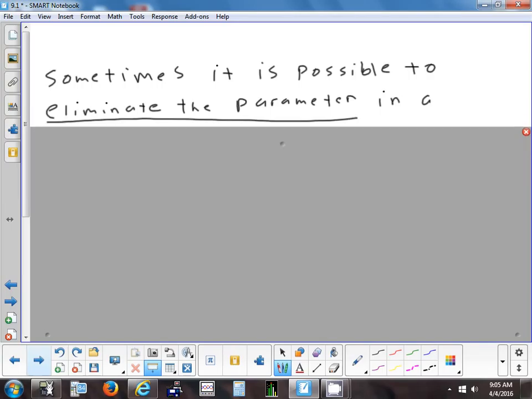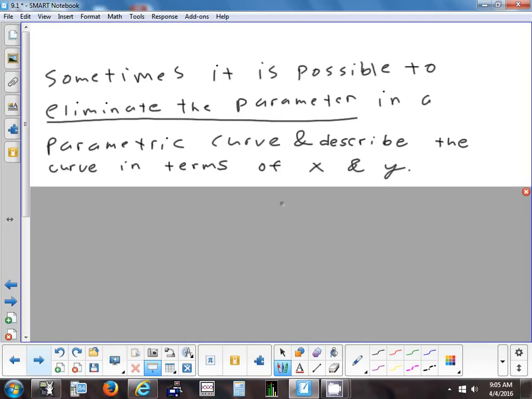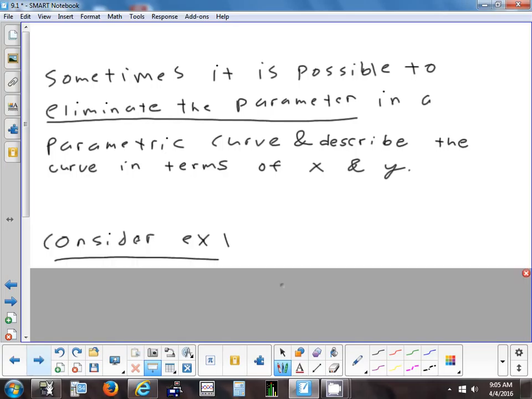All right, so sometimes what we can do is take t out of the equations. In other words, we can take it from parametric and change it back to what we're used to: y equals a function of x.